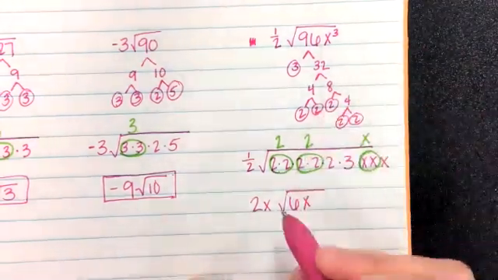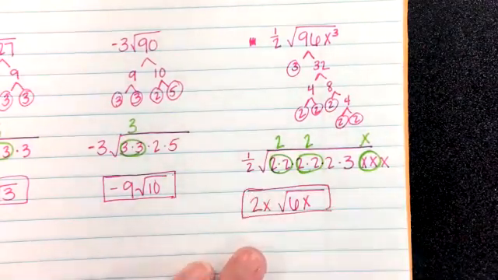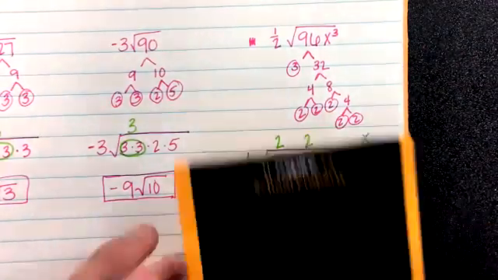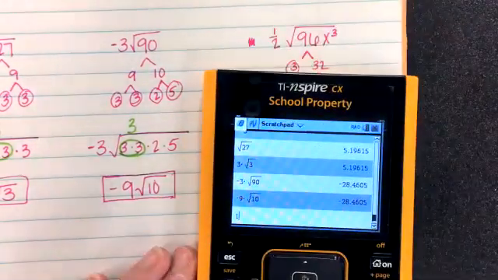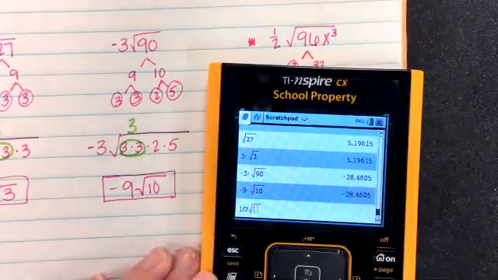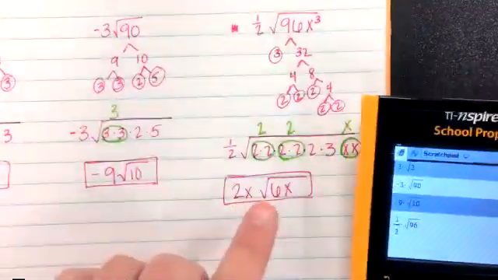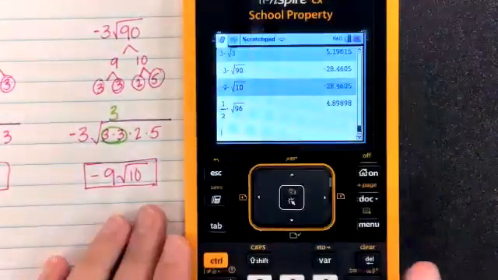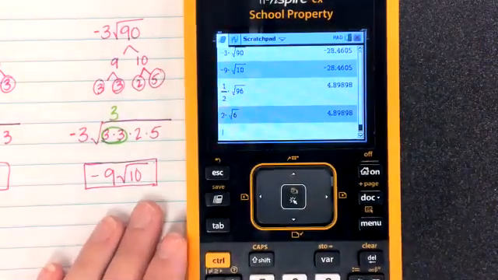Okay. Now, when I put this in a calculator to check, you can't put letters in, only numbers. So only put your numbers in. So type in your 1/2 square root of 96 and just check our numbers at the bottom. So 2 square root of 6. Are they the same thing? So you're good to go.